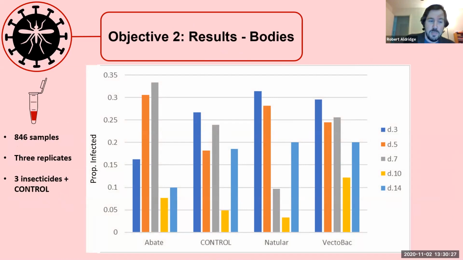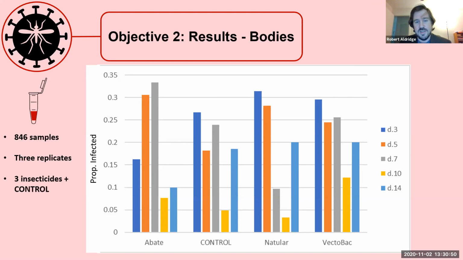I had 846 samples of bodies. Unfortunately, we go bodies, legs, to saliva. So I have all of the bodies ground up, PCR'd, and everything. That's across 3 different replicates, but only looking at 3 different pesticides and control.